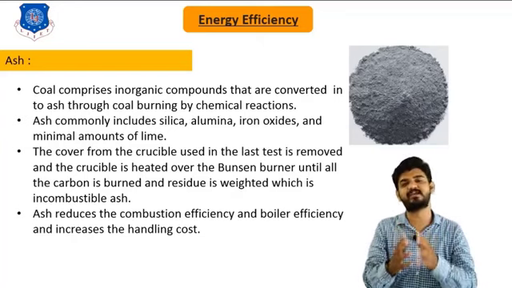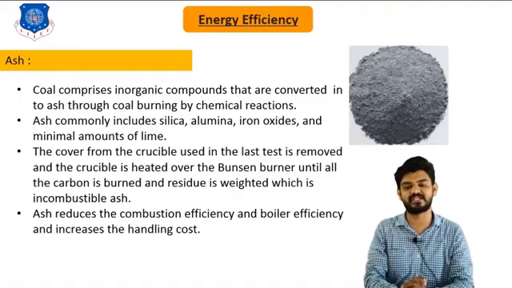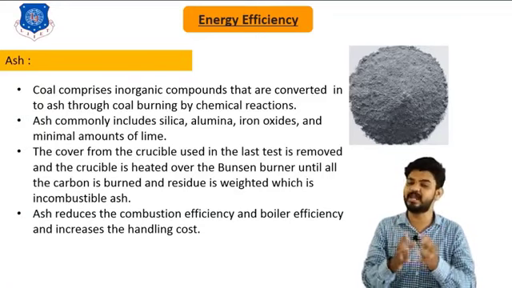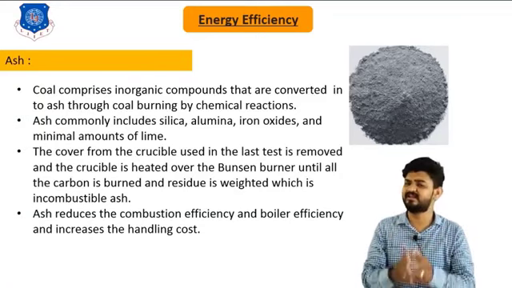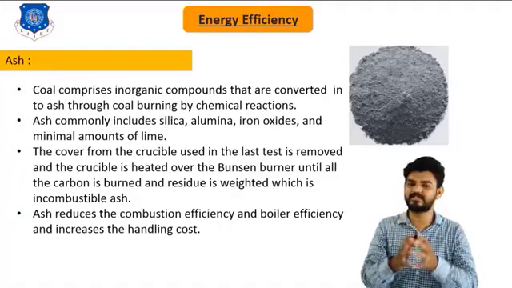The residue left is nothing but the incombustible material, and that is known as ash. Ash reduces the combustion efficiency and boiler efficiency. It increases the handling cost as well. So a low amount of ash is desirable in a coal sample.